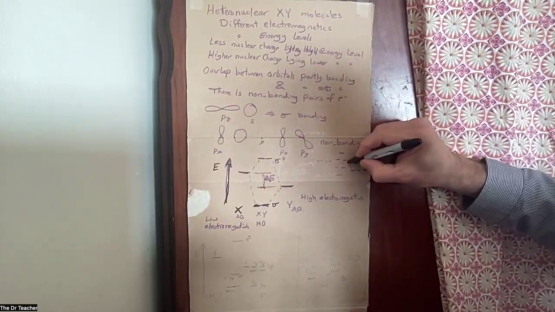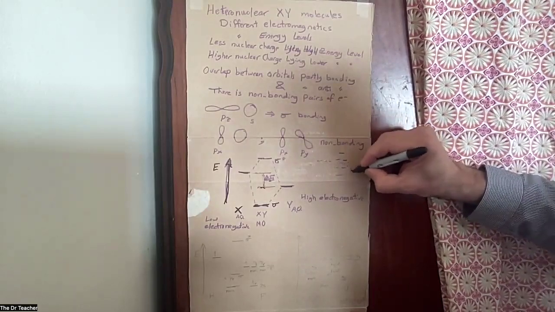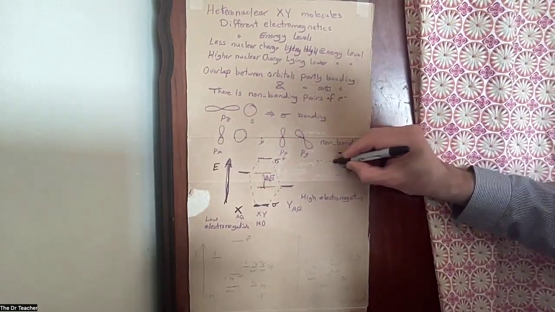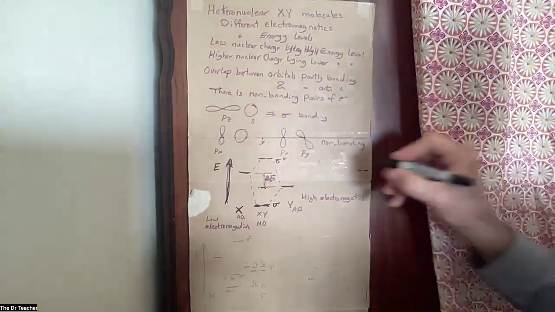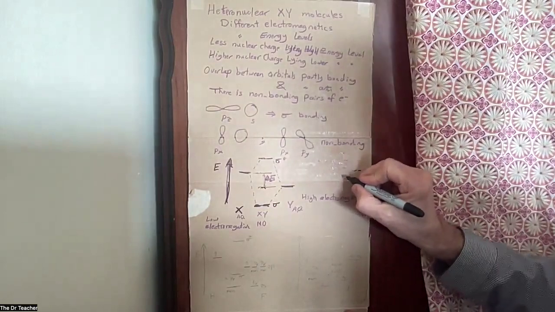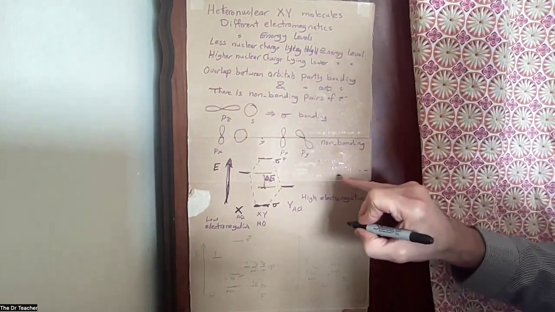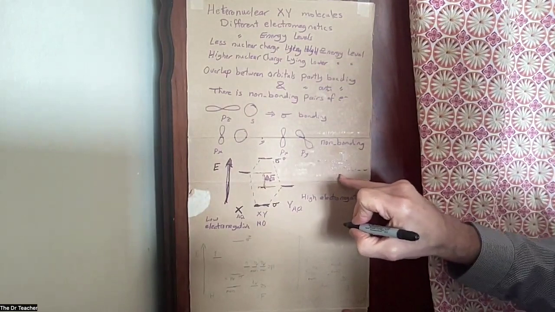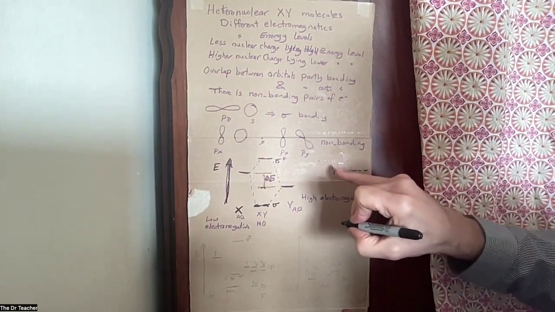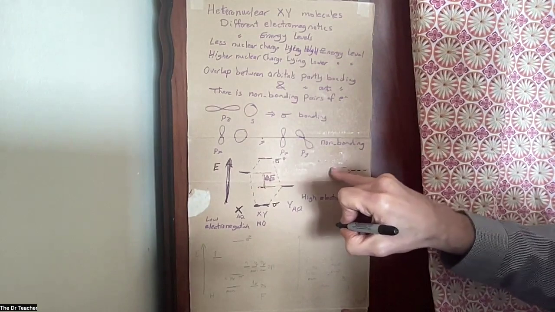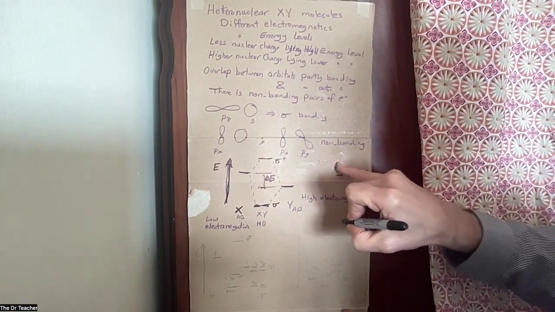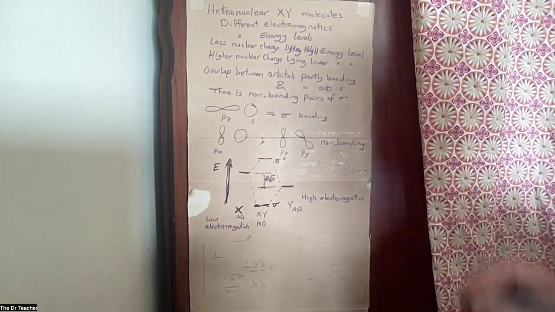These 3 belong to the pi orbitals. So the first will be pi, and there are another 2 pi's, and these are the pi stars.